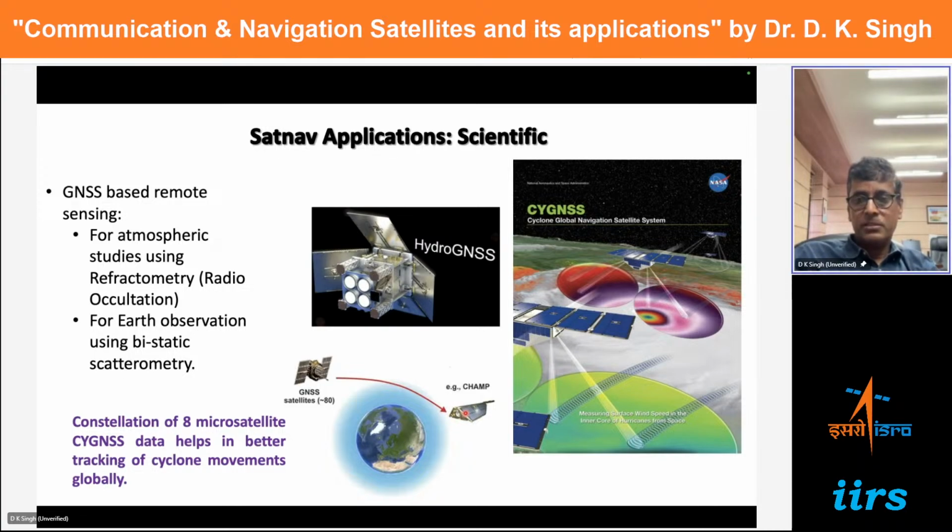Then satellite based remote sensing also uses navigation signals. They can be used for reflectometry and radio occultation types of applications, where navigation signals pass through the atmosphere and are captured on another satellite, and you can infer certain things about the atmosphere.